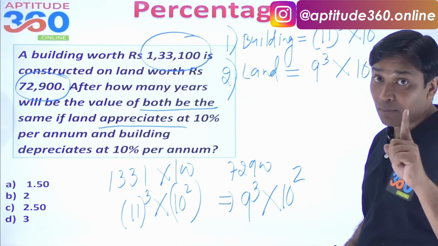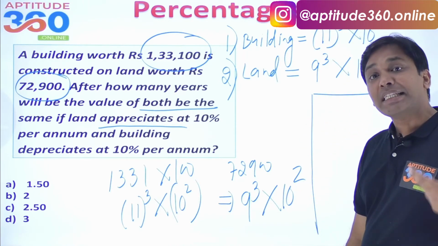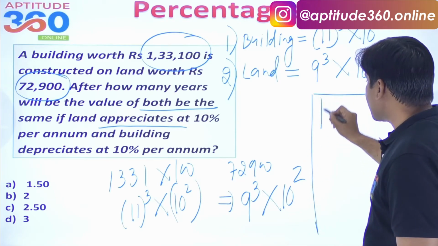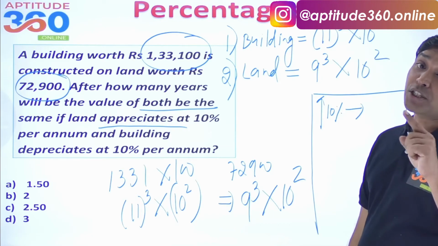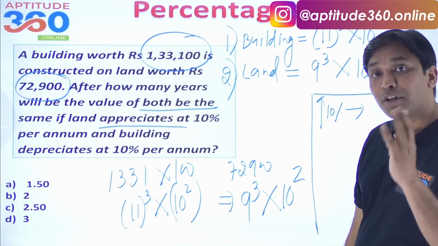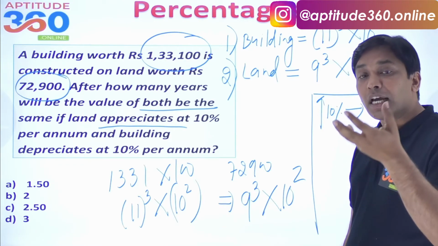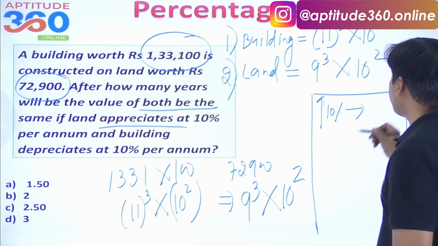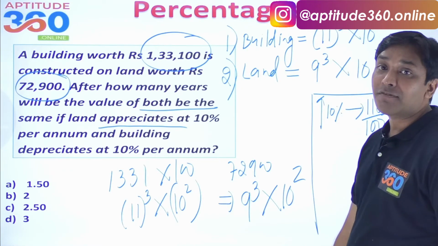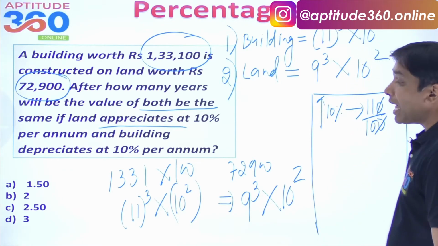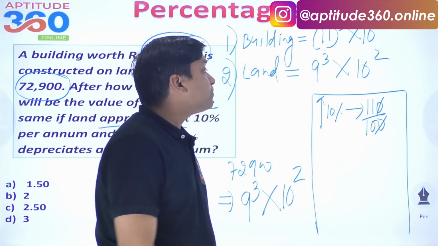That's understanding number 1. Now, if something is increasing by 10% every year, what is going to be the multiplying factor? You have learned in the multiplying factor video, video number 4 of percentage, if something is increasing by 10%, it will become 110%. So the multiplying factor will either be 11 by 10 or 1.10, right?